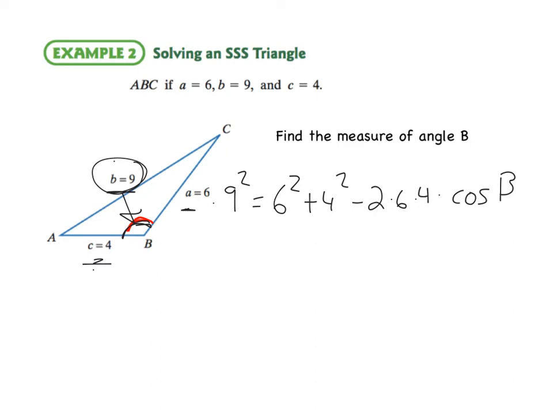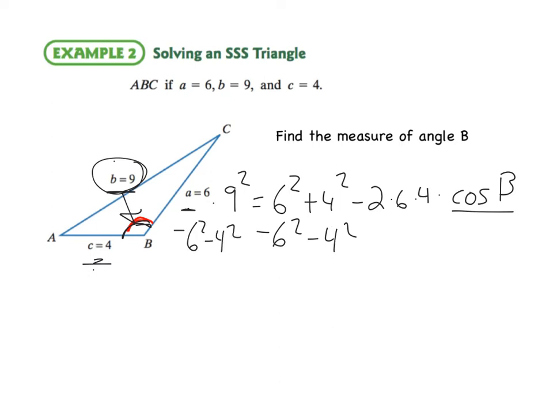Here's where we need to be careful. People make a really common mistake, and to help you avoid that mistake, here would be my advice for how to proceed from this. My goal is to solve for the cosine of b. So before I do anything else, I would subtract the 6 squared and the 4 squared right away from both sides.